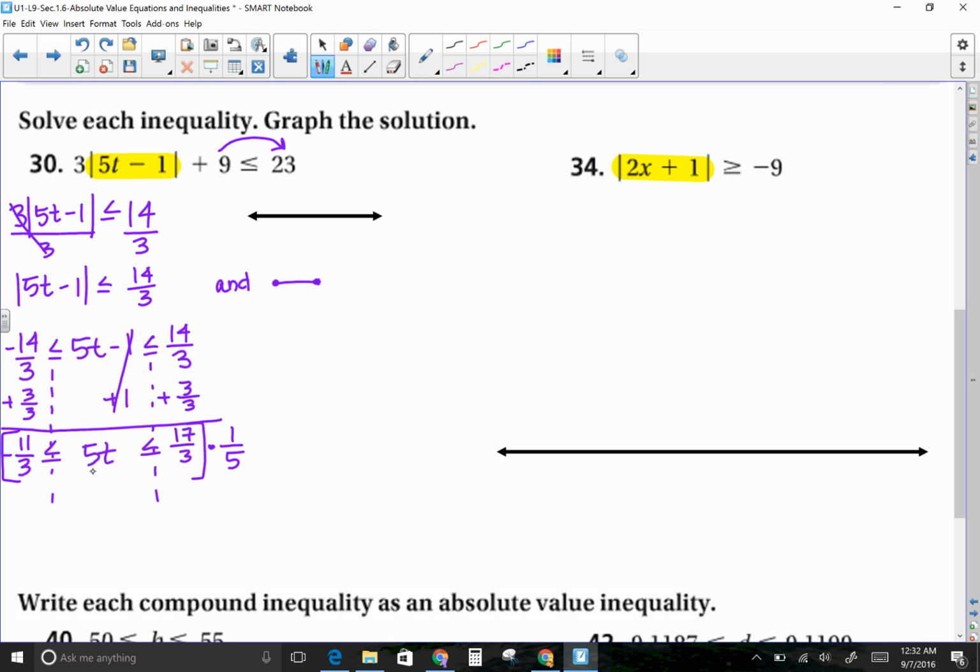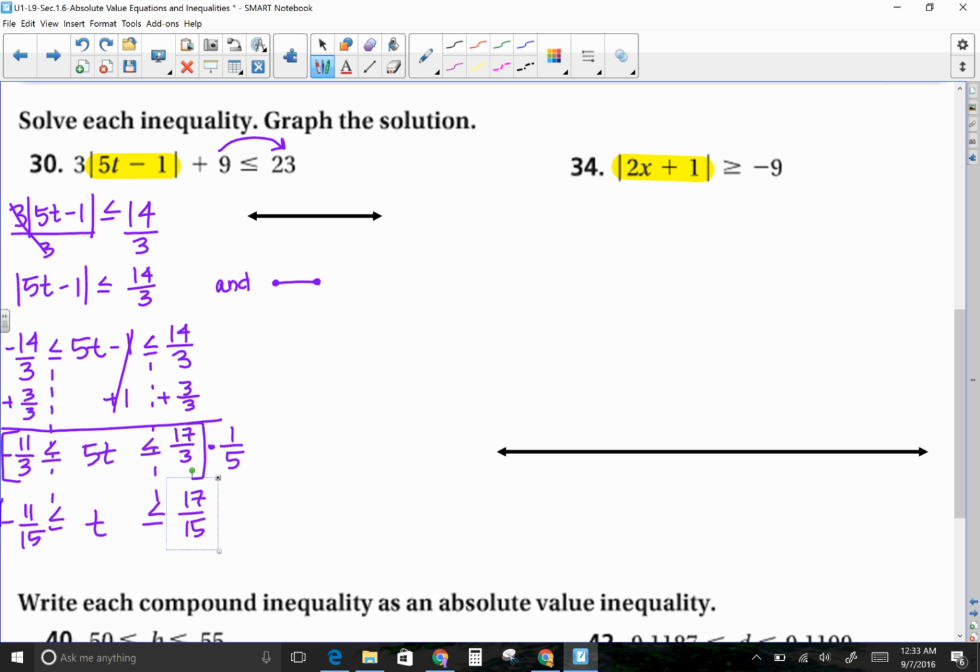So you'll see that, yes, I have t. Now, easy to multiply. You just multiply straight across. So that's 17 over 15. And when you do the same thing on this side, I'm going to have negative 11 over 15.